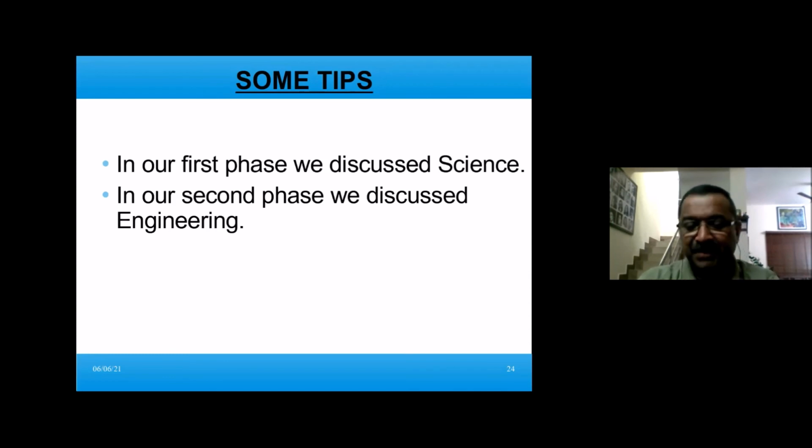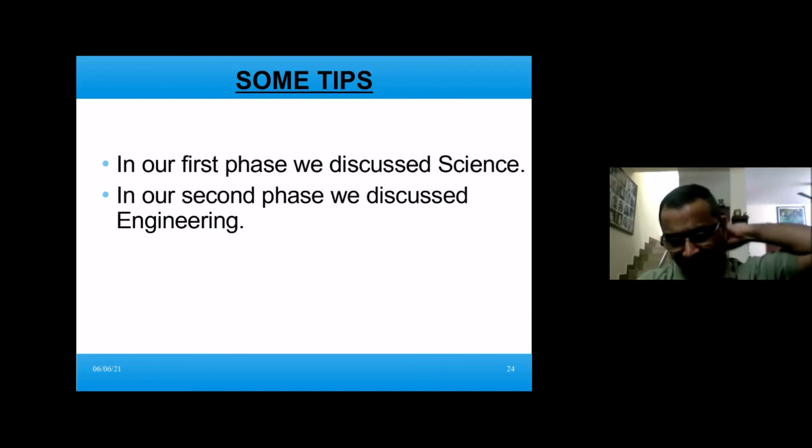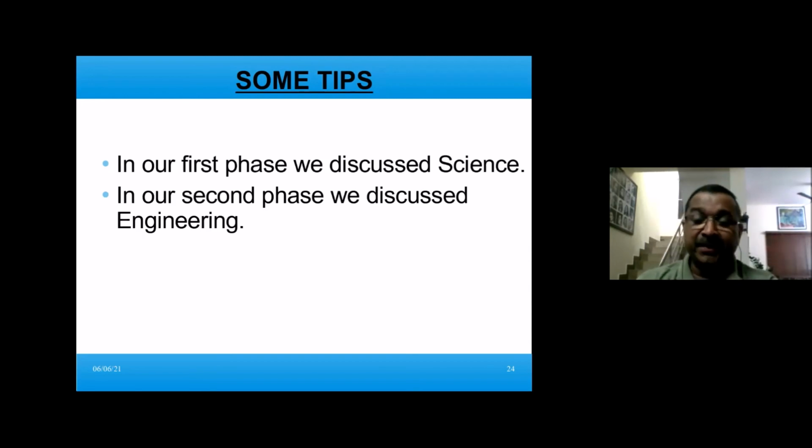And in this phase, Uncle discussed what we call engineering. So that is the difference between science and engineering. Uncle had given a definition for science in the first module, so Uncle is going to give a definition for engineering right now.